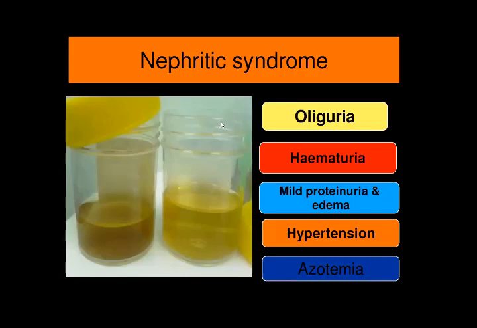Once you have diagnosed the disease, there is a whole panel of immunofluorescence that we do, against IgA, IgM, IgG, and then C1q, right? And then we diagnose which disease it was. Once the disease is identified, we look into whether it is a primary disease or a secondary disease. If it is a secondary disease, treat the secondary cause. If it's a primary disease, then we are left with immunosuppressants.